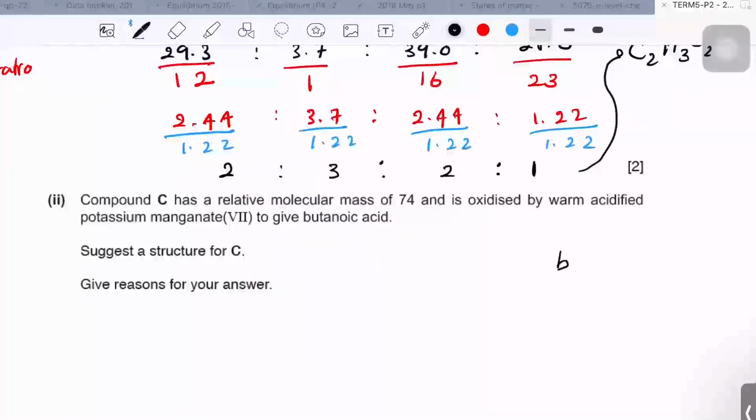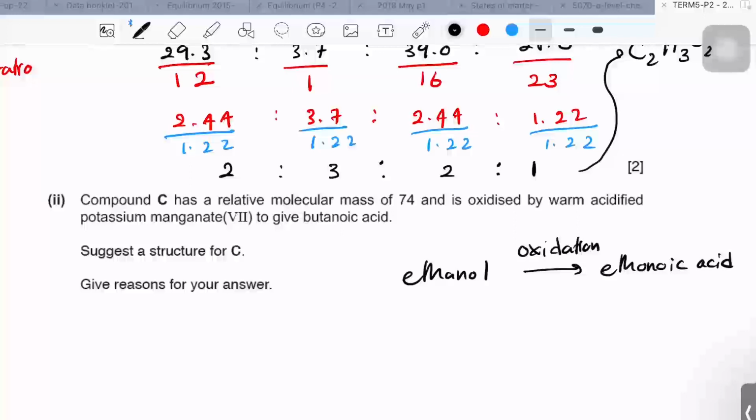Now butanoic acid. Now we'll take one example. So you can make ethanoic acid. Ethanoic acid is formed by ethanol. So oxidation of ethanol will produce ethanoic acid. Everyone look at the board. Now some students are not listening.